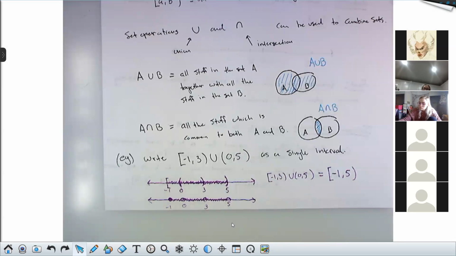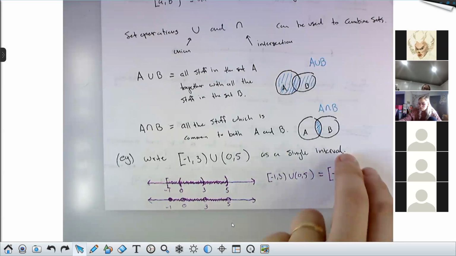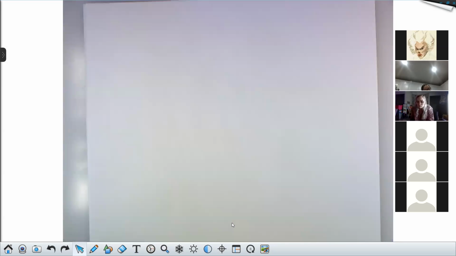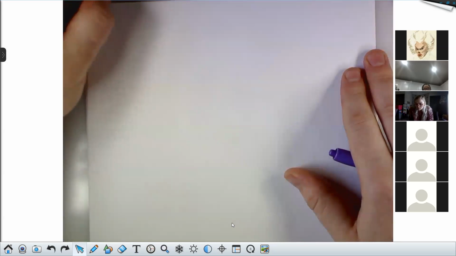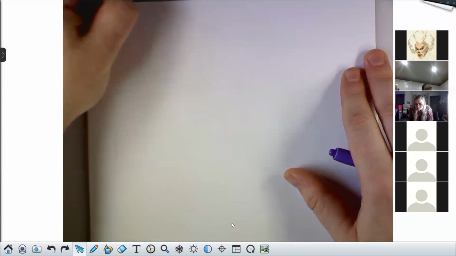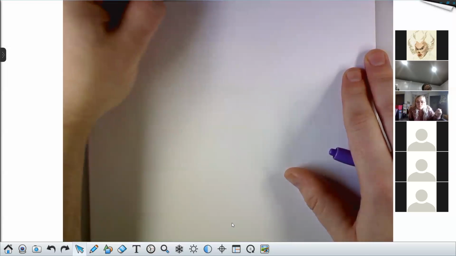We can do one more example where things go a little bit differently. And then we are going to start talking about functions. This time, let's compute an intersection. So write the intersection.